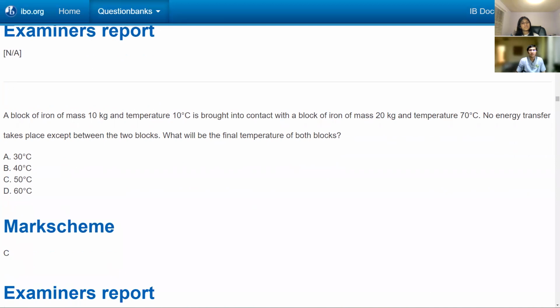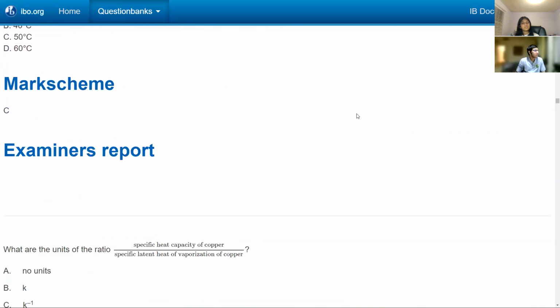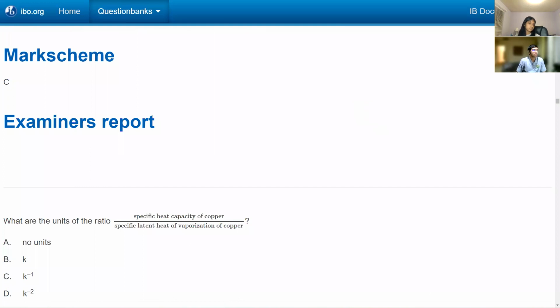Good. Okay. What are the units of this ratio? All right, let's see. What a specific heat capacity is in, oh God. Okay, Q equals joules over kilograms over Kelvin. Joules over kilogram Kelvin.